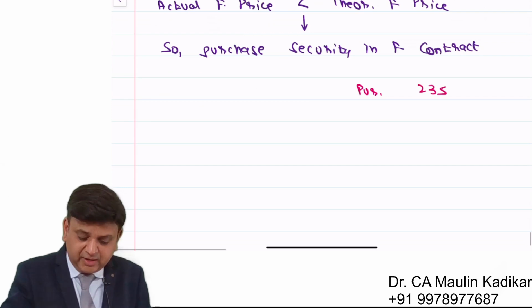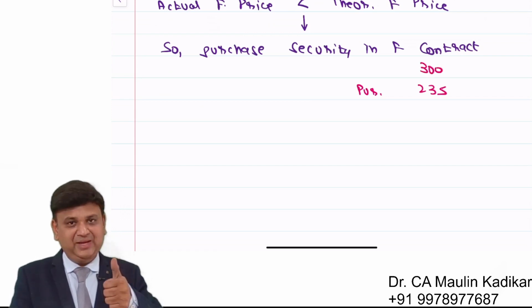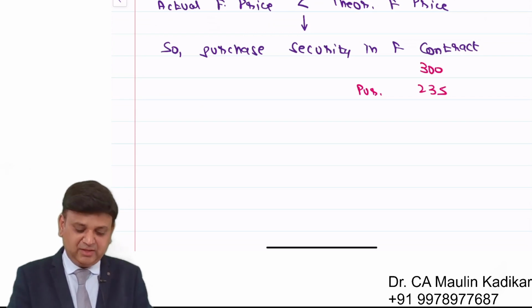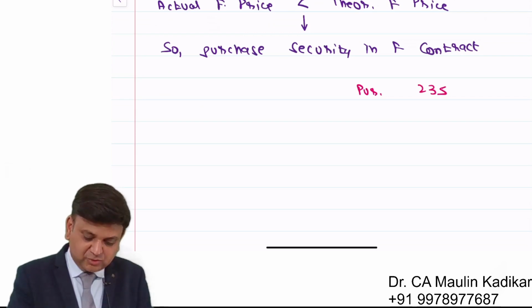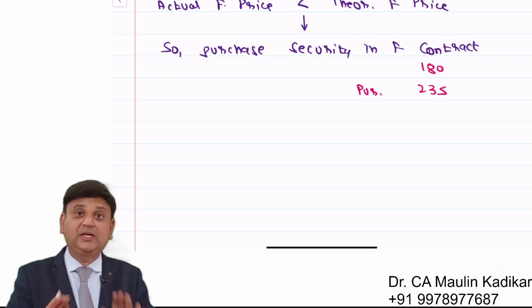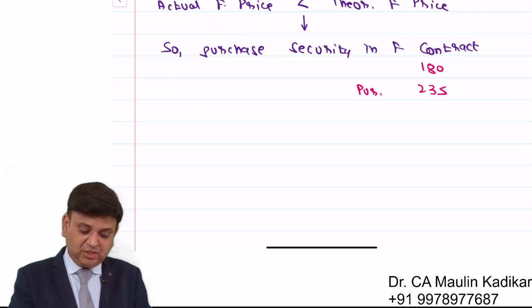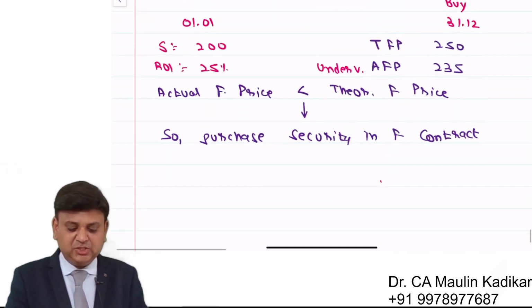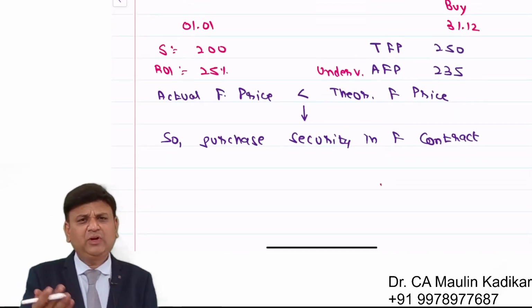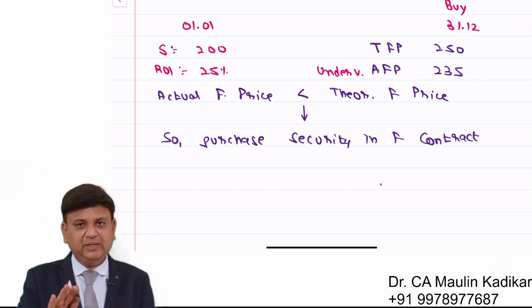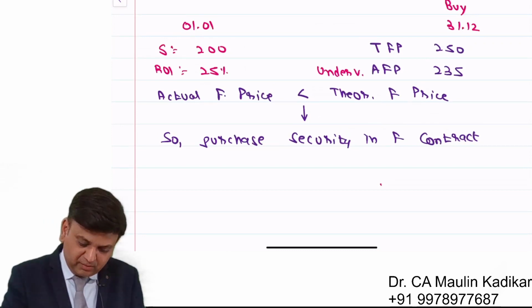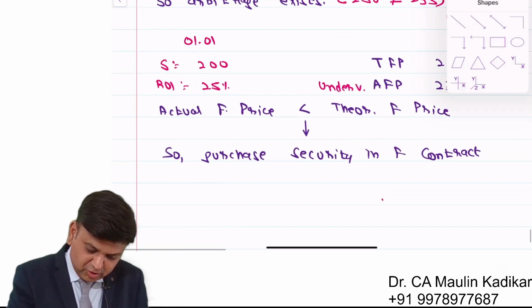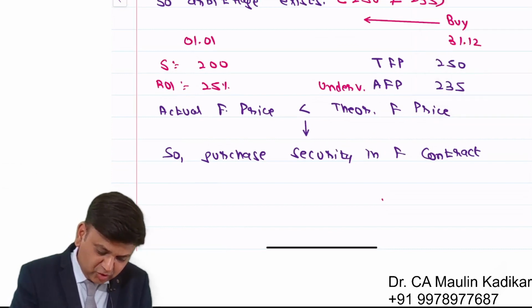If at the end of the year the price comes to 300, then you are happy, you are making a gain. But if the actual price comes to, let us say, 180, then you will incur a loss. So we understand that entering into only this one transaction is not sufficient. So what we have to do? Simple. As you are going to buy at the end of the year, today you have to enter into its opposite transaction.